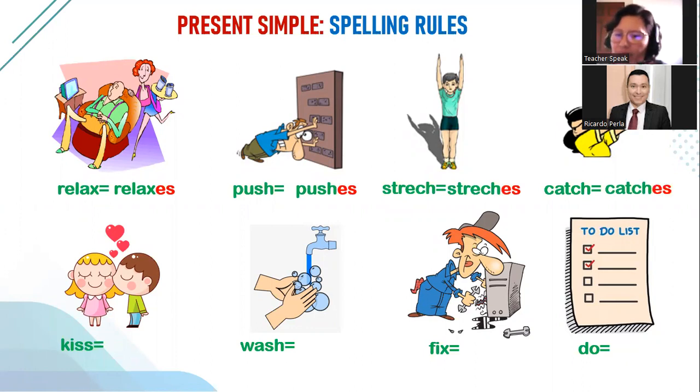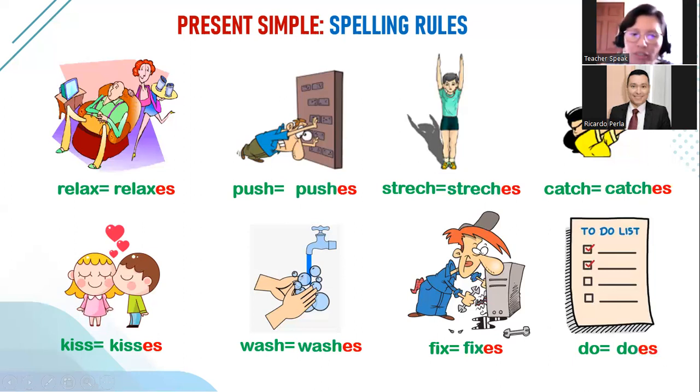Kiss. Add ES. Okay. Wash. Add ES. Fix. Add ES. And do. Add ES. Correct. Exactly right. So those are the rules that we're going to use to convert verbs to the third person singular form.